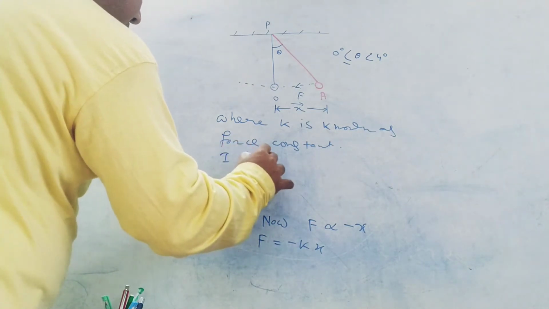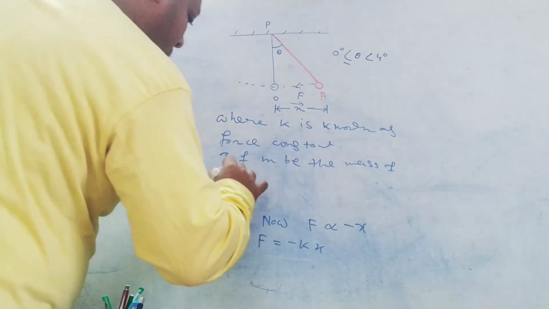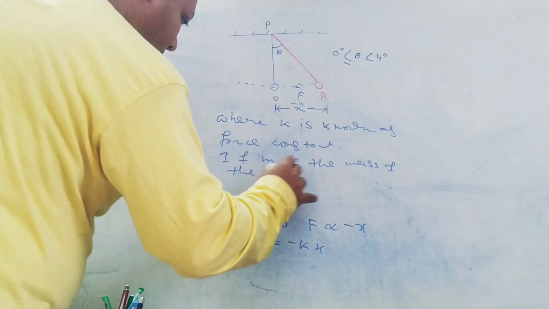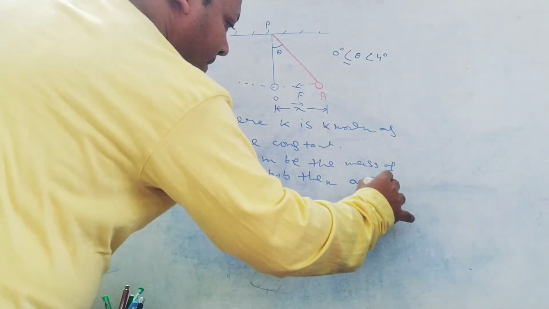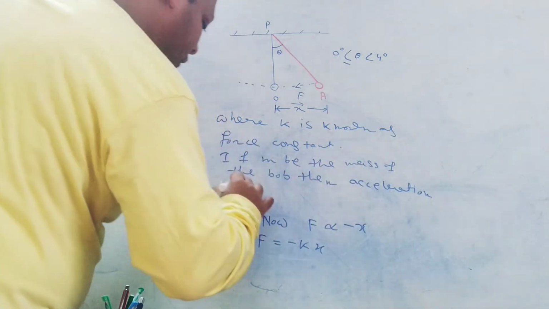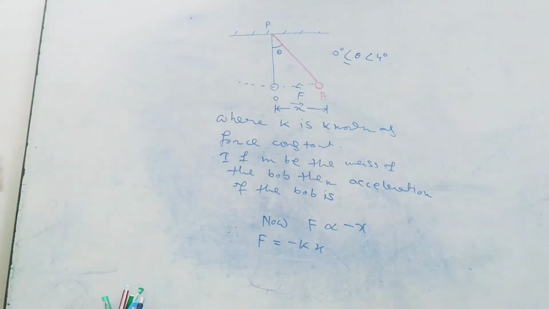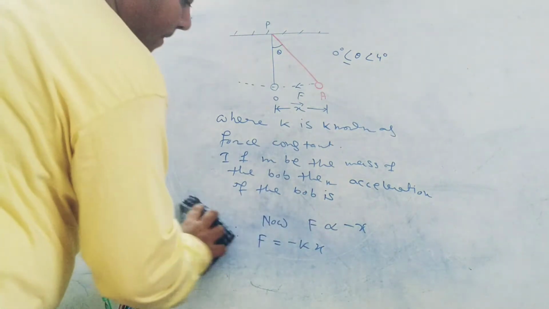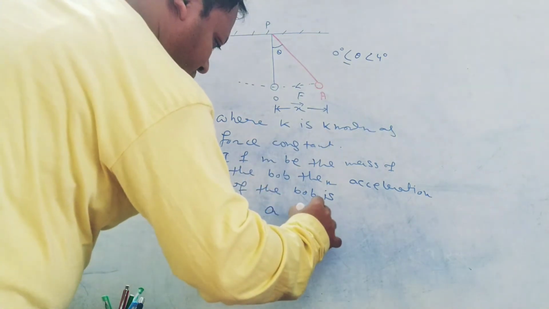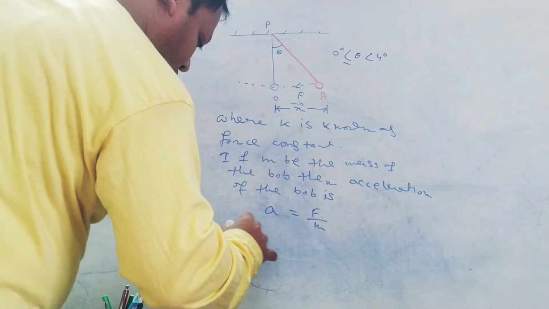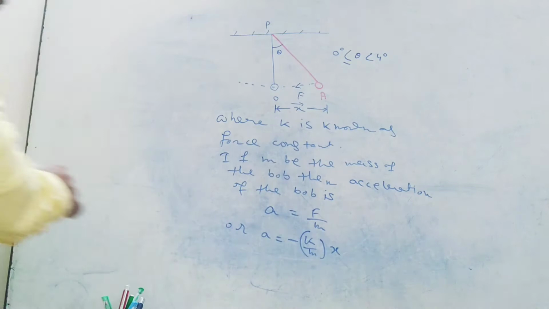If m be the mass of the bob, then the acceleration of the bob is a equals F by m, or a equals minus k by m whole into x.